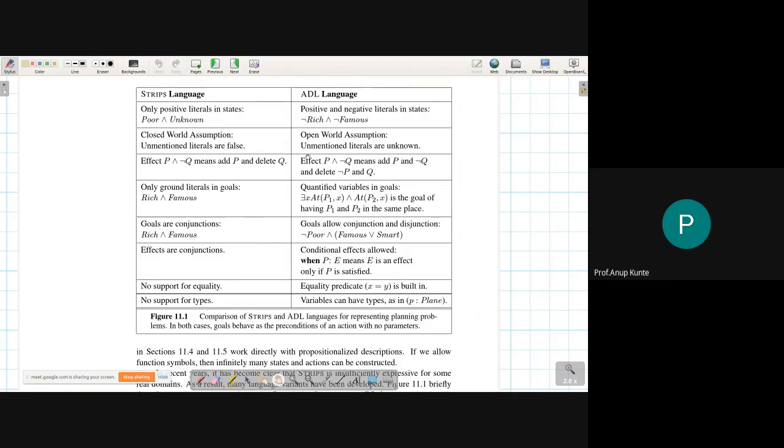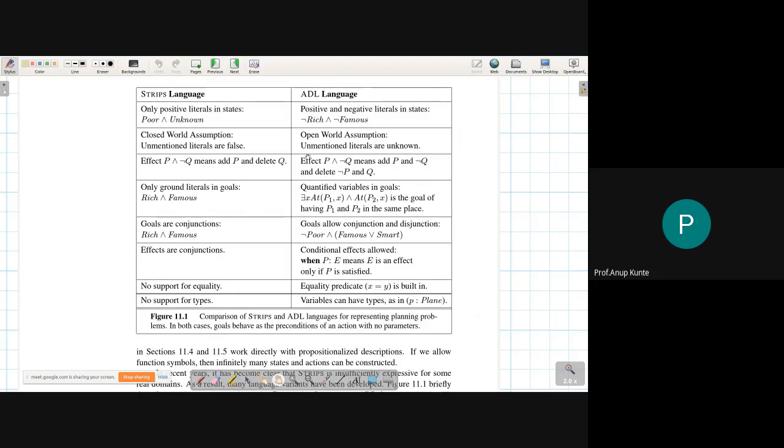So now it's natural that in ADL we are doing extra operations than STRIPS, because both are generating effects P and not Q. In STRIPS I just need to add one thing and delete one thing. On the other hand, in ADL, I need to always take care that both the assertions P and not Q should be added, and their negated versions, not P and Q, need to be deleted.